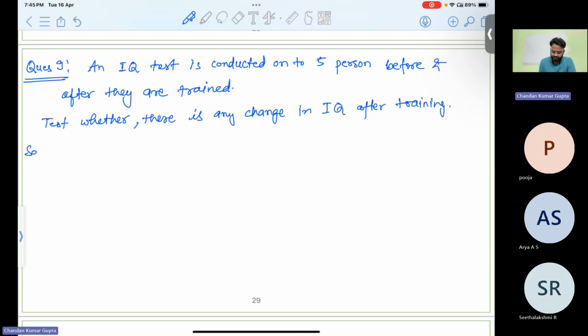So our data will be like this. Let me first write the data, and then we will frame the hypothesis and the test statistic will be calculated. The data is like Xi. Xi is the IQ before training.